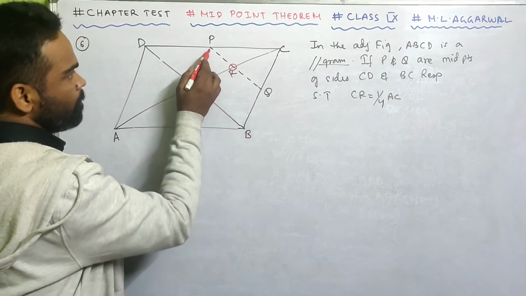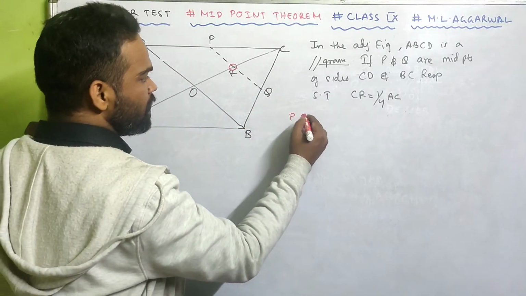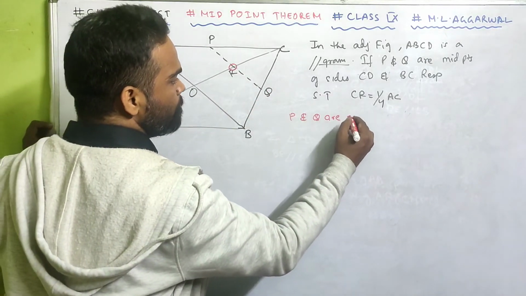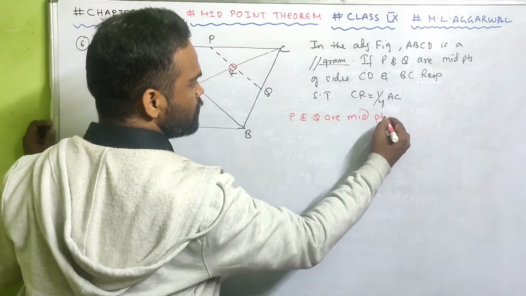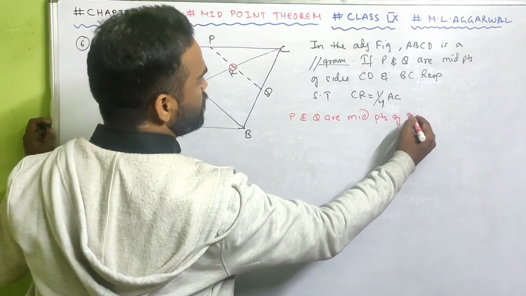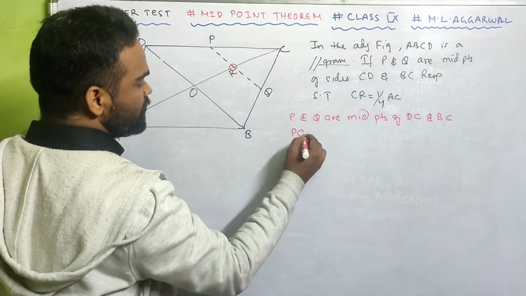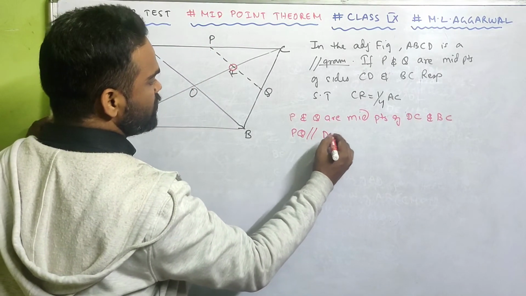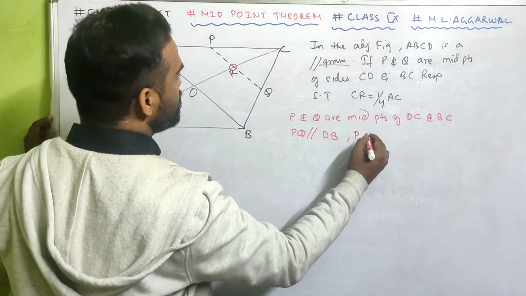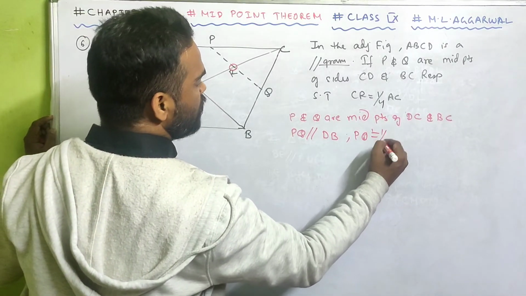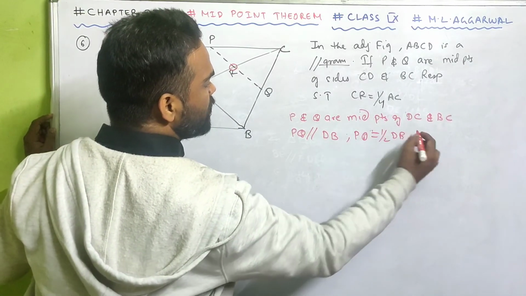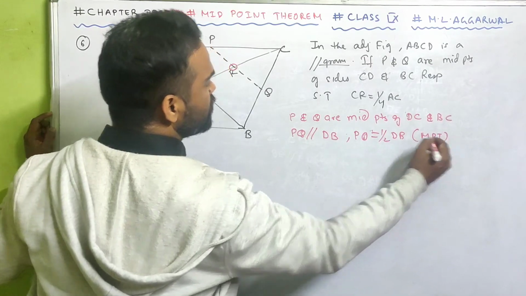Look carefully. P and Q are midpoints of DC and BC respectively, which means PQ will be parallel to DB and PQ is half of DB by the midpoint theorem. Yes or no?